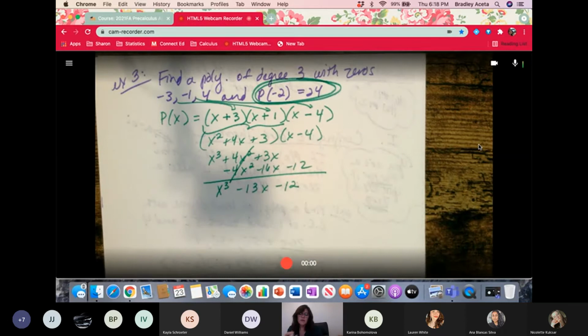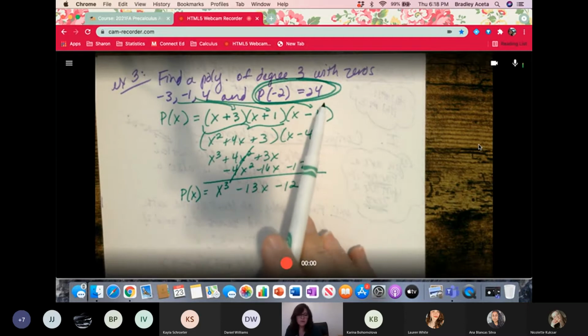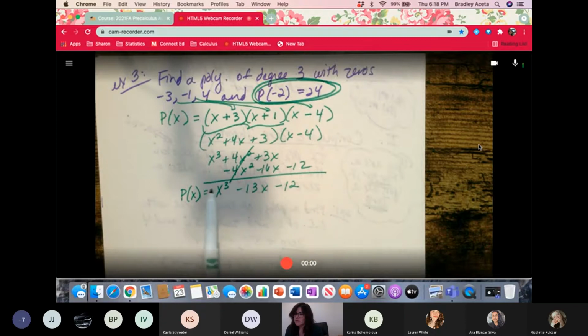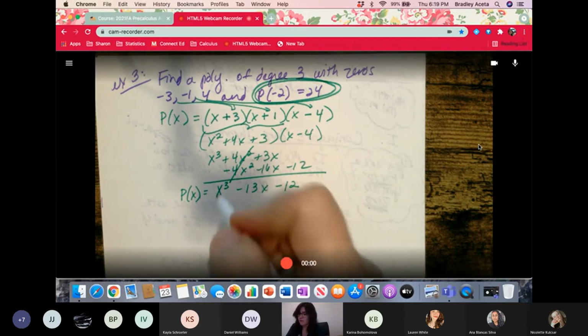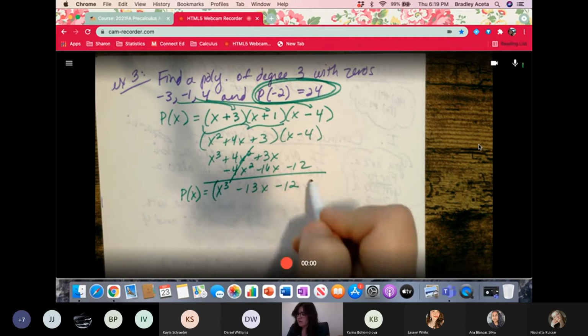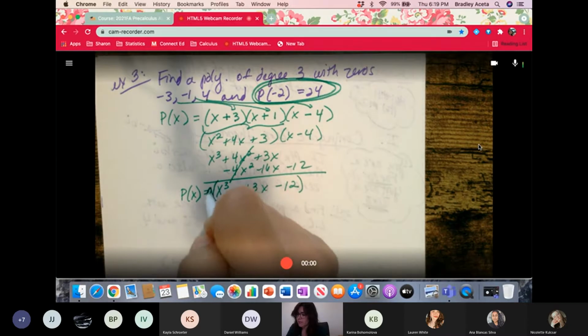Well, they're telling you that when you plug in negative 2 into this polynomial, you'll get out a 24, which means that there must be some coefficient, not 1, some coefficient in front of x cubed, and we'll call it a. So I'm going to put a little a right there.